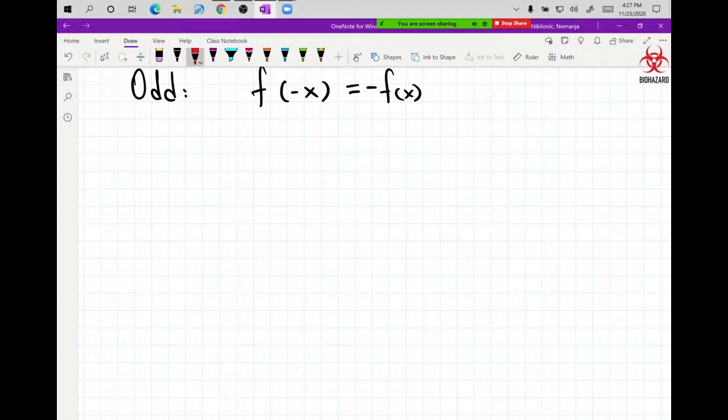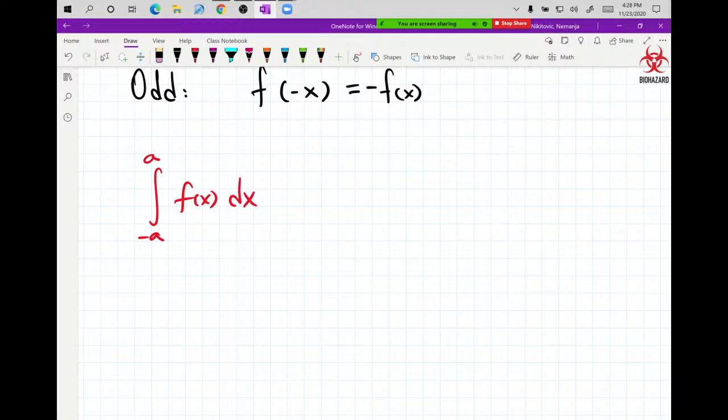If you have f of x dx on a symmetric interval. Notice that it's negative a and a. So negative 3 and 3, negative 5 and 5, negative 10 and 10, right? So there has to be the same number with just the negative. So one is positive, one is negative. So it has to be what we call a symmetric interval.